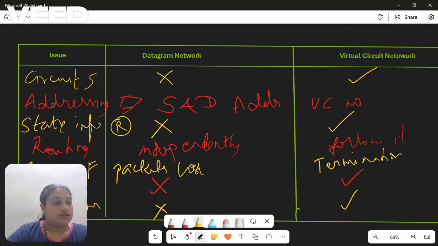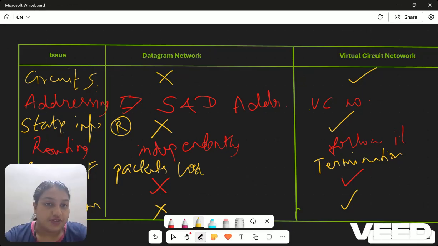So these are the 1, 2, 3, 4, 5, 6, 7 issues for the comparison between datagram network and virtual circuit networks.